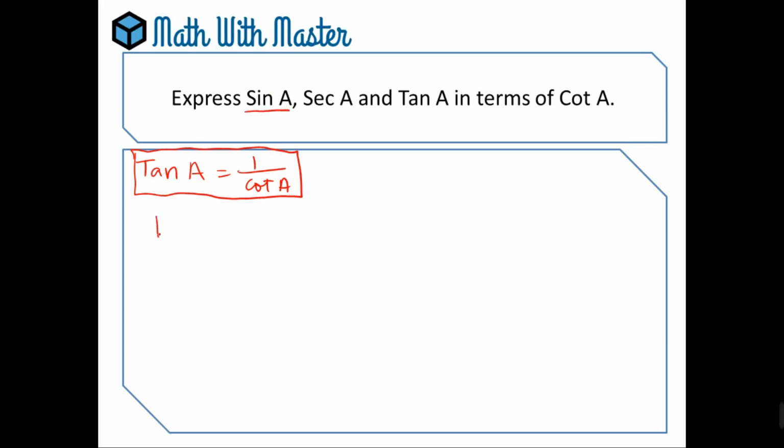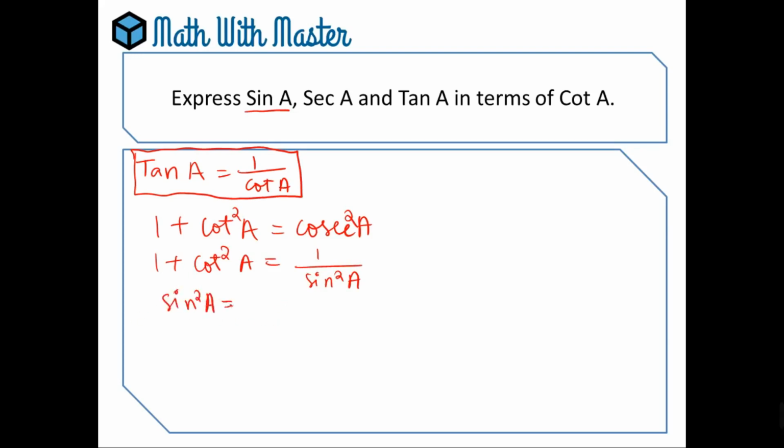We know that 1 plus cot square A is equal to cosec square A, which is 1 upon sin square A. So we can write sin square A is equal to 1 upon (1 plus cot square A).